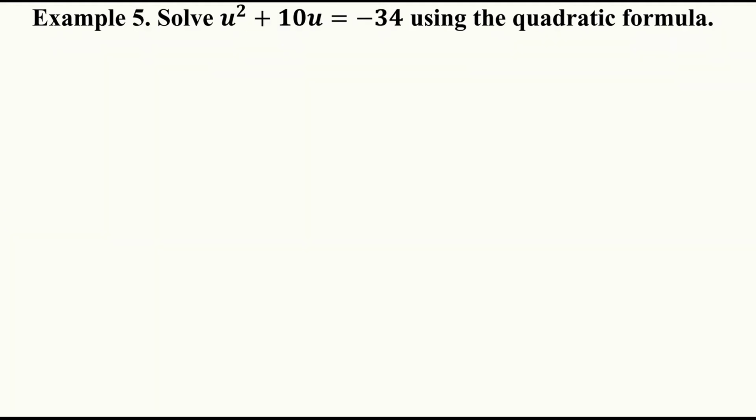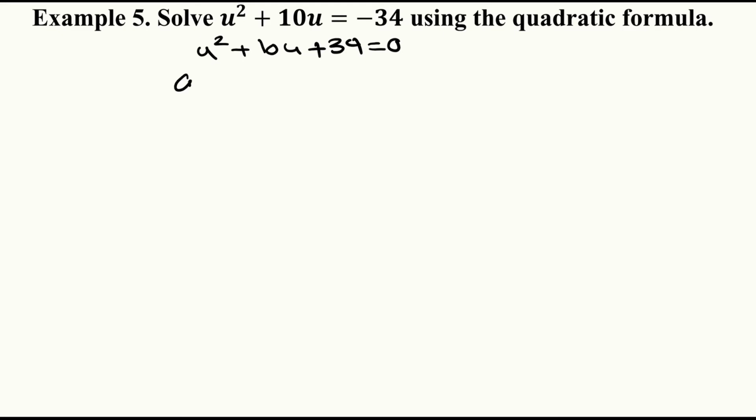All right, so here we have another quadratic to solve using the quadratic formula. We'll go ahead and put it in the proper format first. So we'll have u squared plus 10u. We'll bring the negative 34 over. It'll become plus 34 equals 0. Now we'll go ahead and extract a, b, and c.